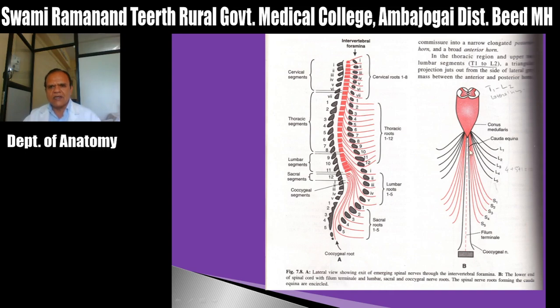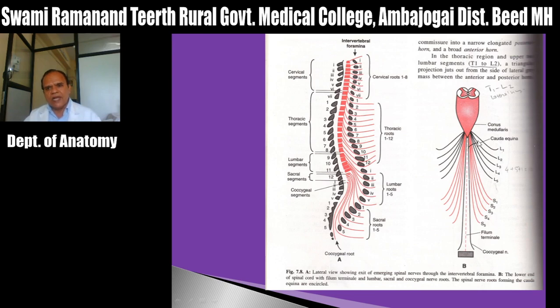All these are observed particularly in the lower portion of the dura mater, where the spinal cord ends, up to the S2 level, and it looks like a horse tail. By gross appearance, when you observe all these 10 pairs of nerves bilaterally, on one side 10, on the other side 10.